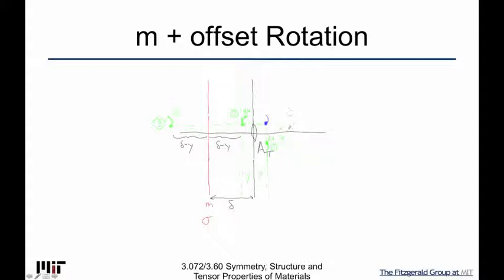Right? So I flip around this axis here and then I translate. And if I were to do that, this would suggest that there's a glide plane right here that can describe essentially where another plane is for some offset delta of a mirror plane.